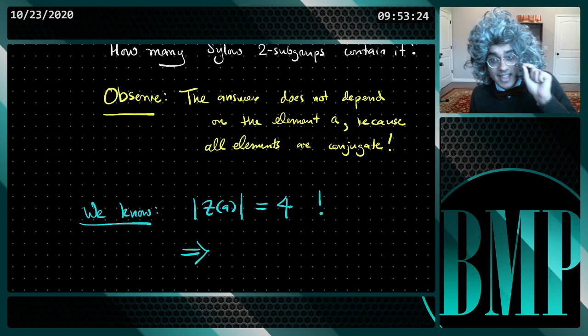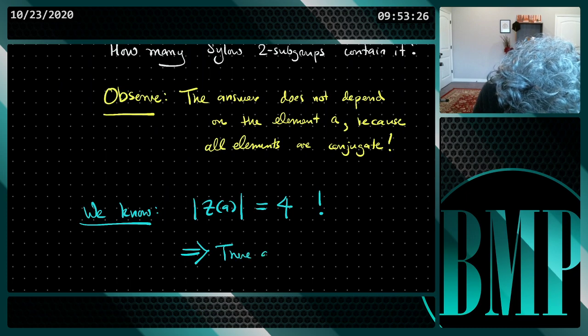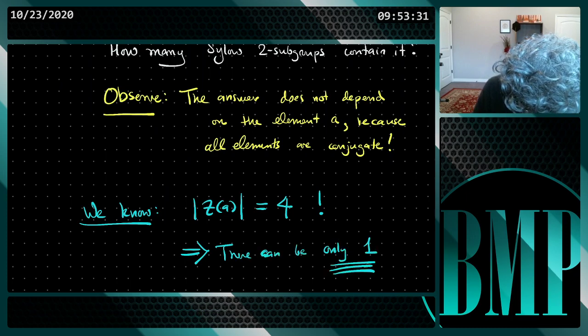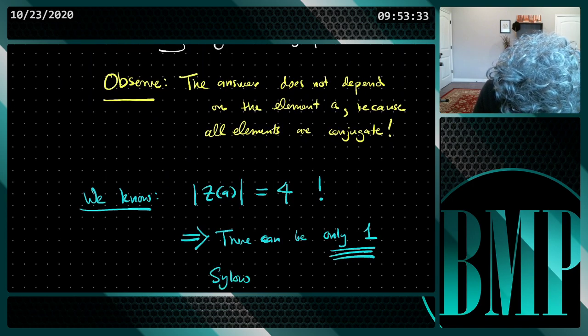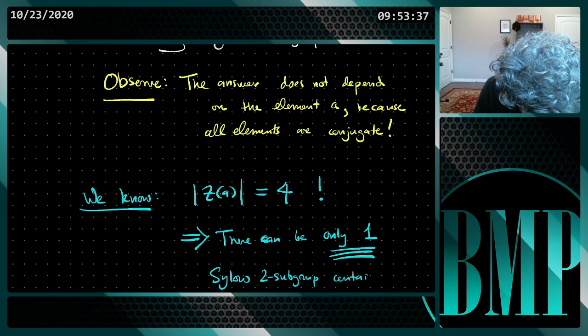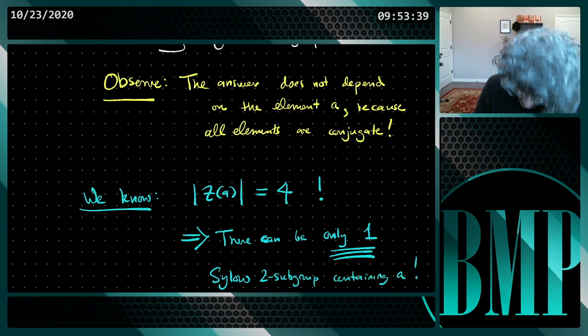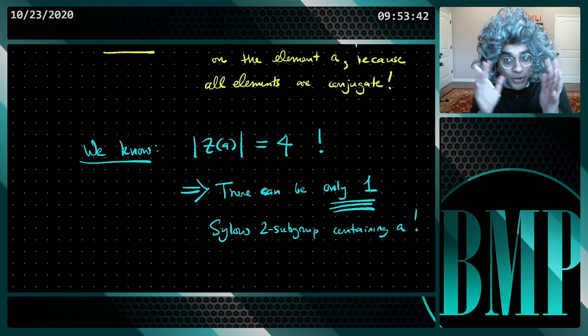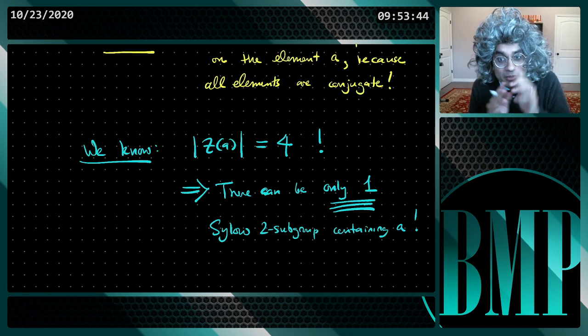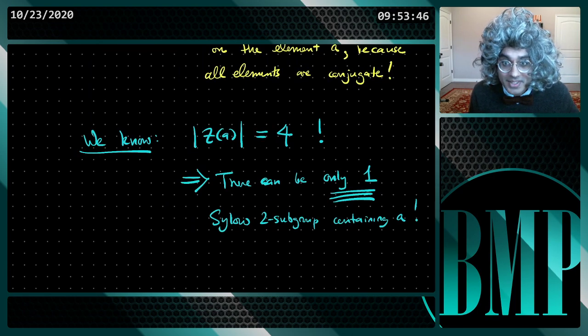That means there can only be one Sylow 2-subgroup containing this element A. Why?